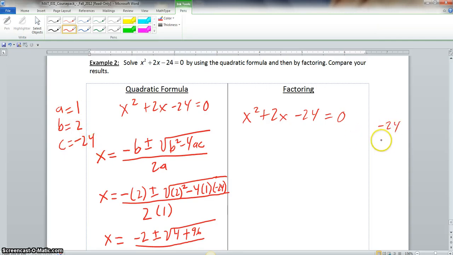And we write out the factors of 24, which is 1 and 24, 2 and 12, 3 and 8, and 4 and 6. Now we also must find two numbers multiplied together that will give you negative 24, but added together will give you positive 2. And since your b is positive, we know that the larger number will be positive and the lower number will be negative. And we know we will use negative 4 and 6.